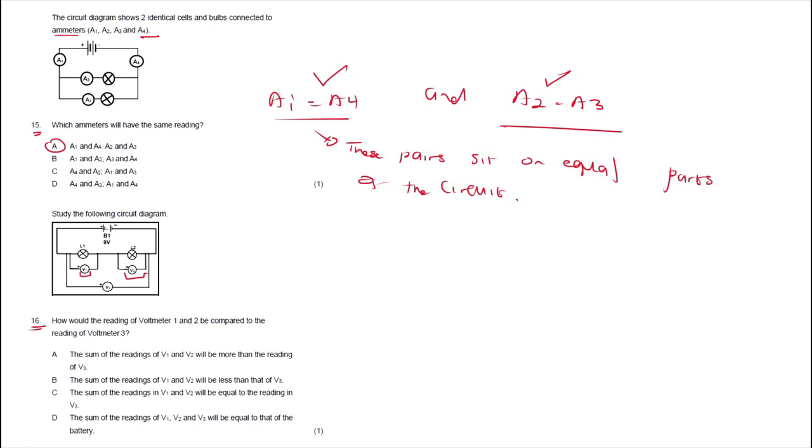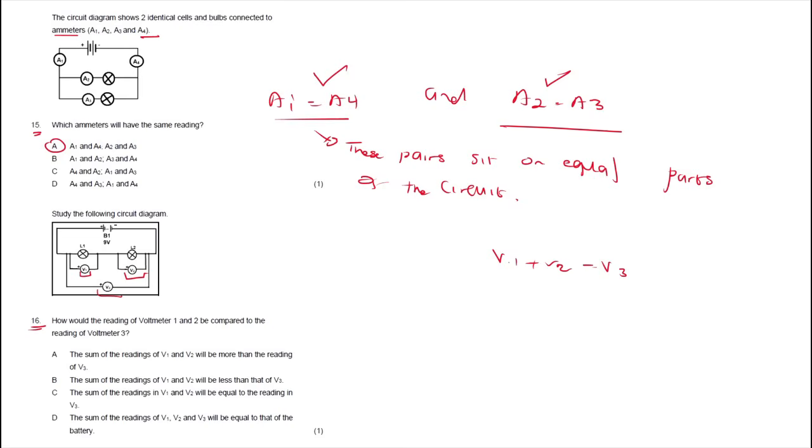So they're asking us how voltmeters 1 and 2 compare to voltmeter 3. We all know that voltmeter 1 plus voltmeter 2 results in voltmeter 3, which means that voltages add in a series circuit.